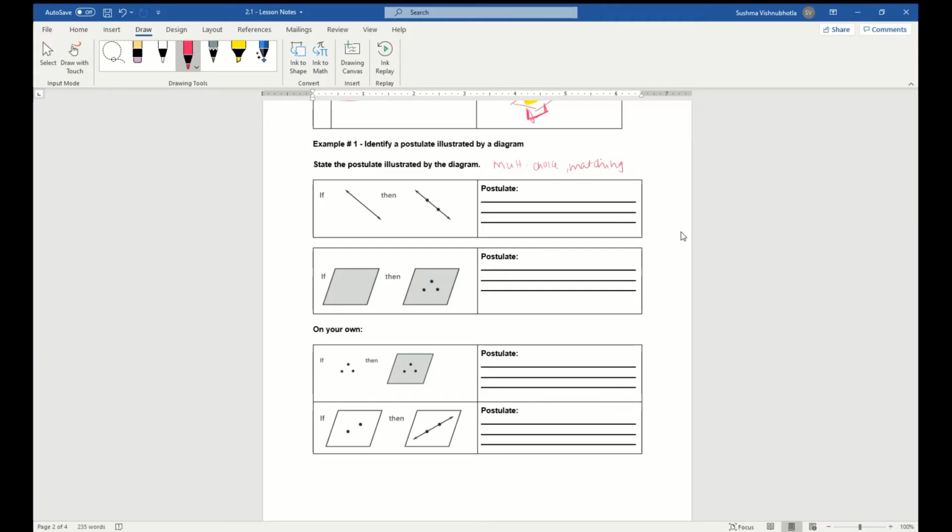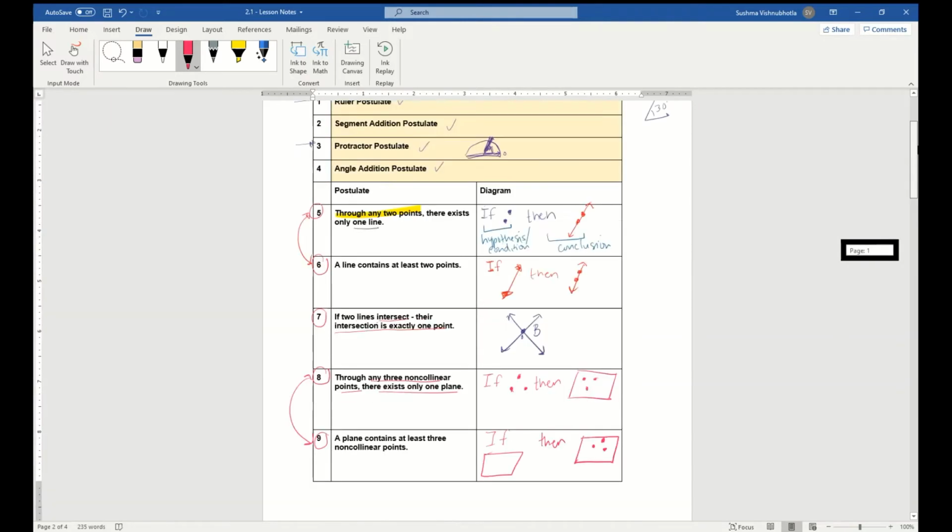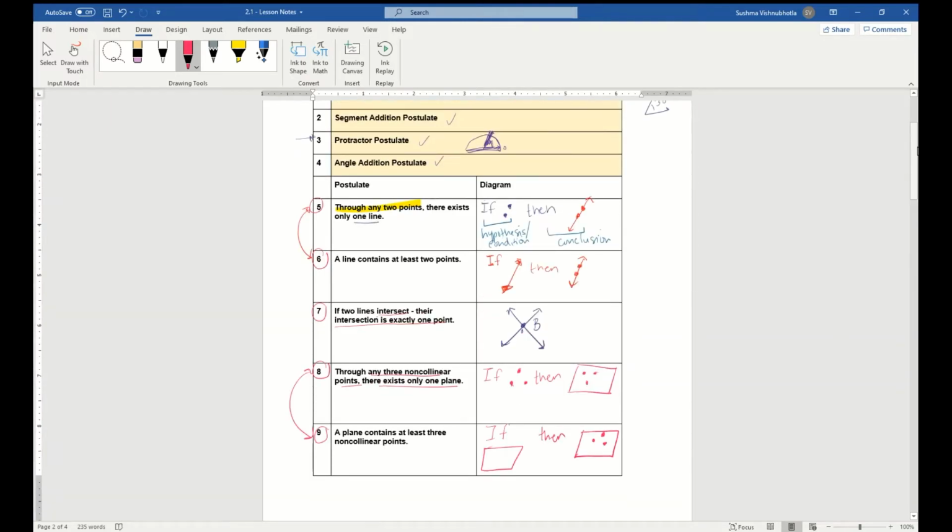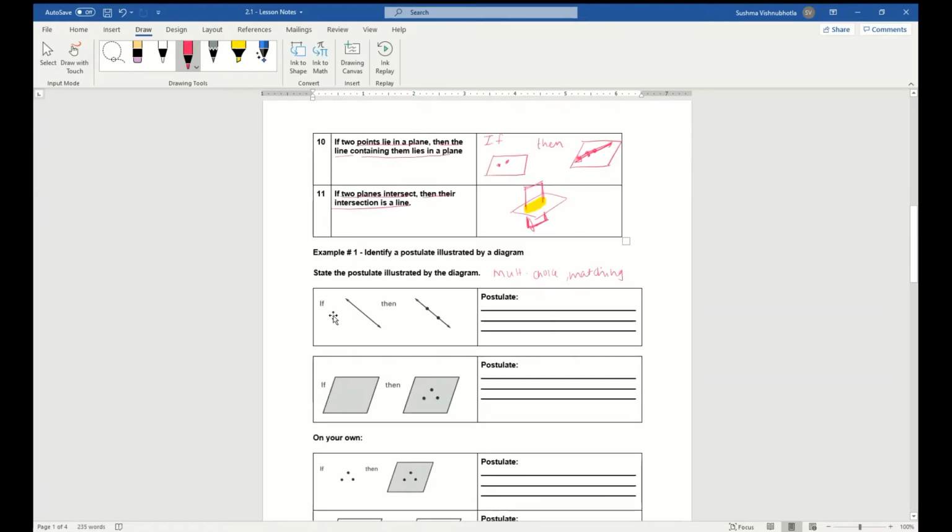So if that line exists, then there's 2 points on the line. If you go back to our list here, we know, okay, it's points and a line. It has to do with 5 and 6. Now, how do I know which one it is? Well, it depends on what you're starting with. If you look at that first example, we're starting with a line, and if that line exists, then we have 2 points on that line.